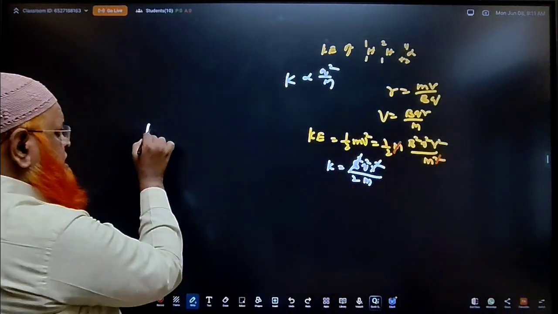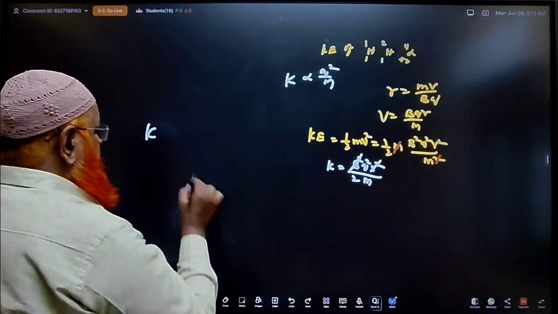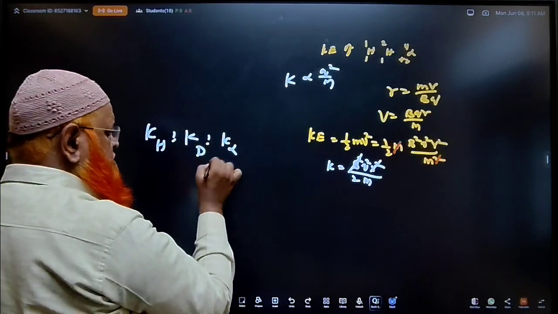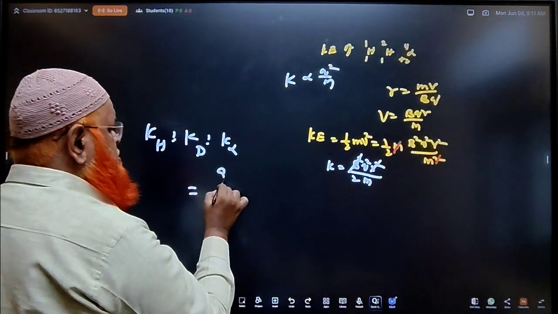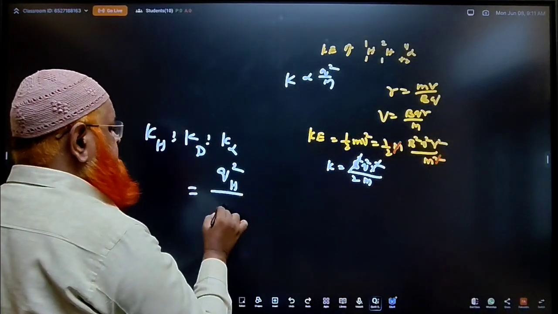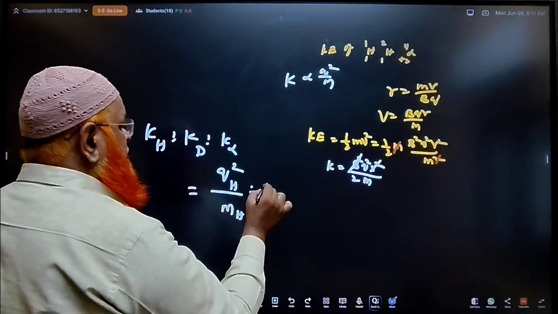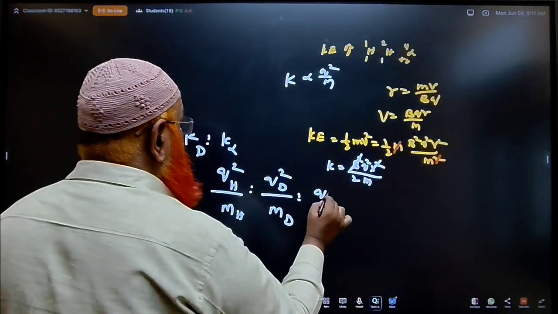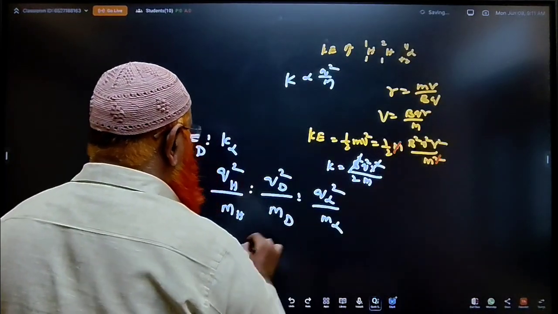So what will you write now? Kinetic energy of hydrogen is to kinetic energy of deuterium is to kinetic energy of alpha particle is equal to Q of hydrogen whole square by M of hydrogen, Q of deuterium whole square by M of deuterium, Q of alpha whole square by M of alpha.